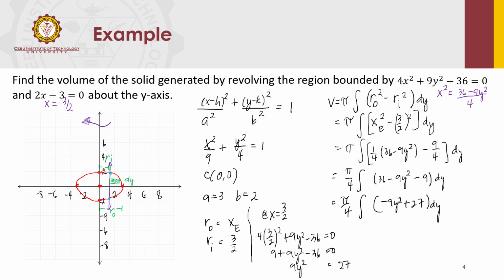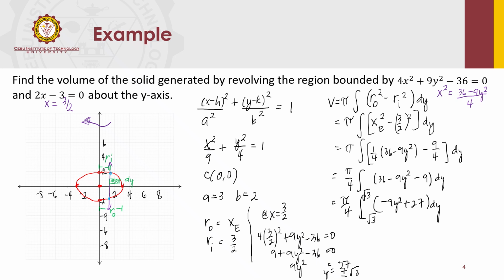So y, therefore, is positive and negative square root of 3, approximately 1.7. As shown in the graph, it's possible to have 1.7, less than 2 and greater than 1. So our limits are from negative square root of 3 to positive square root of 3.